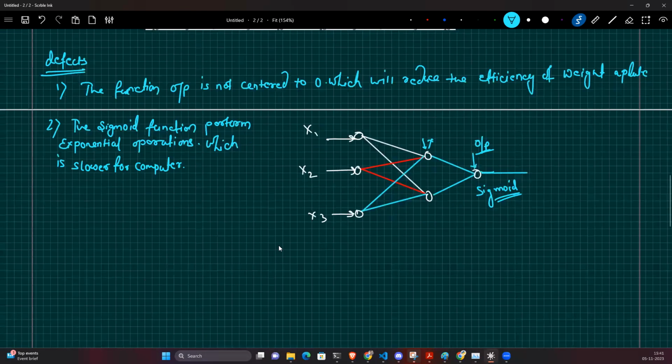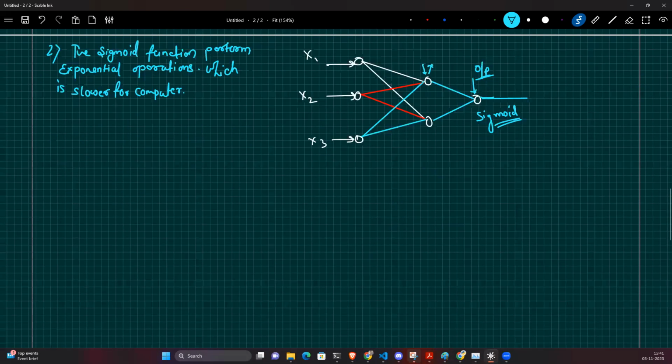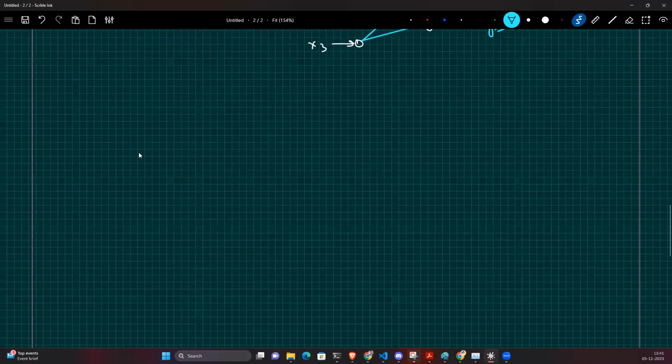Now coming to the advantages of the sigmoid activation function. What are those? Number one, smooth gradient.